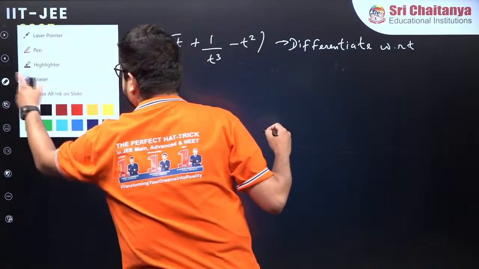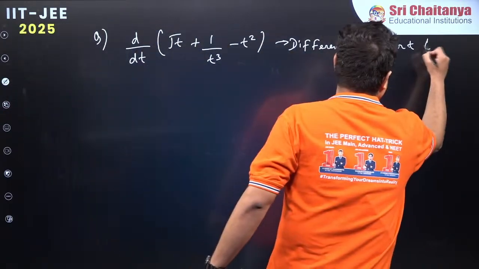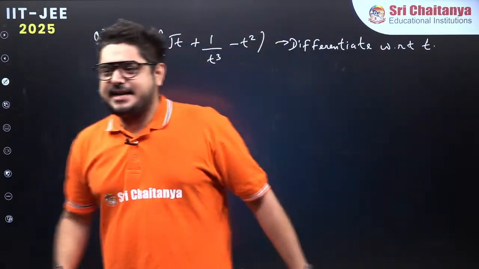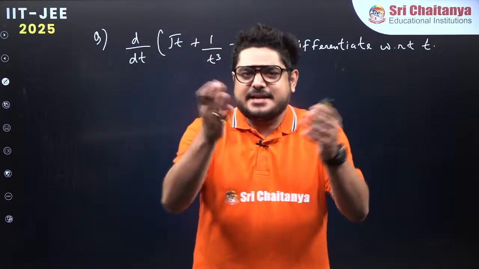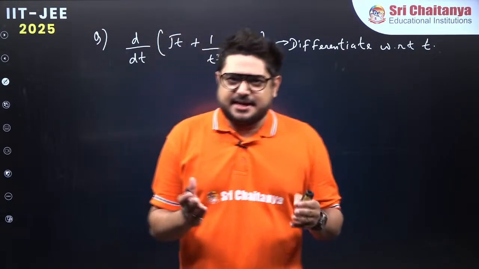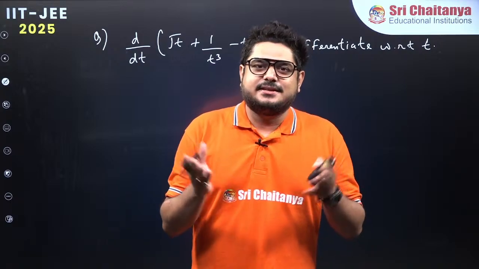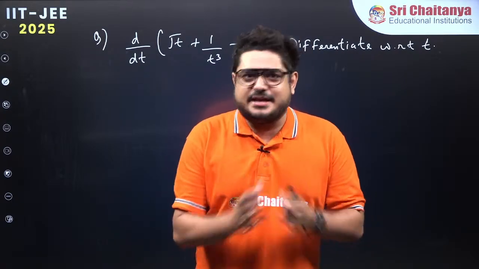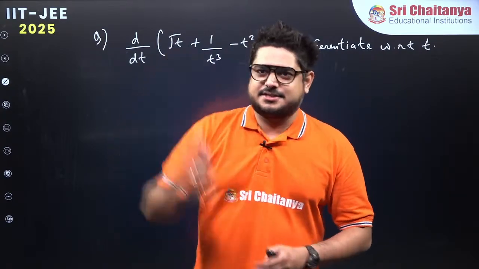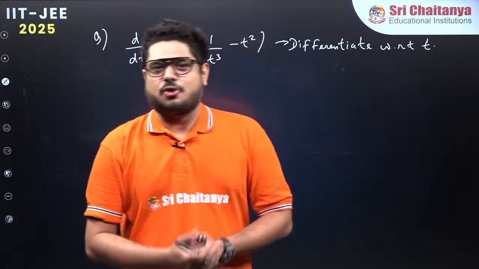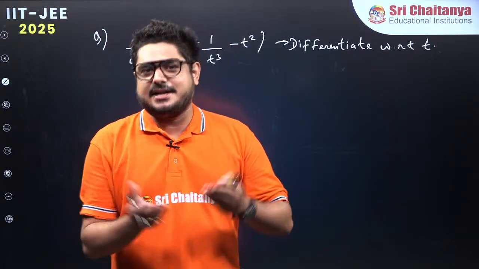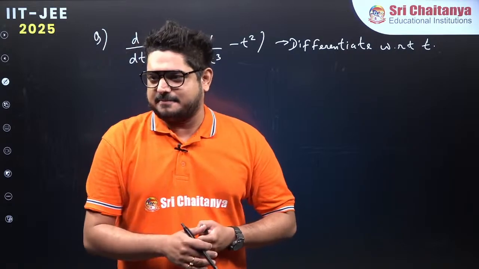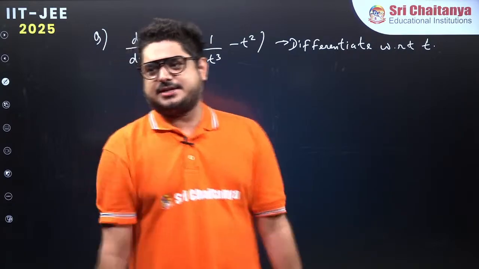Instead of x, it's going to be t. Over here, t is the variable. You can use any variable, because in the upcoming context of kinematics, you will observe a lot of equations like this, where you are going to be taught ordinary differential equations. You need to keep on differentiating and integrating with respect to time. So now that's the question for you.